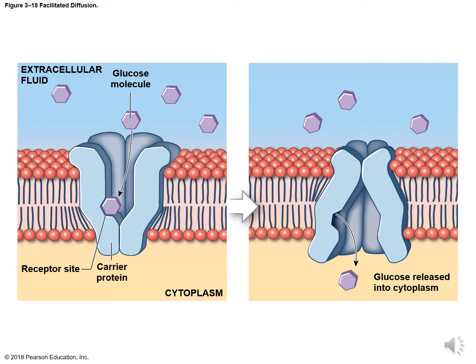Saturation limits. The availability of the carrier proteins and the substrate molecules will limit the rate of this carrier-mediated transport. Think of it this way: if there's only one doorway to get in and there are 10 people in line and only one person can go through the door at a time, it's going to go slowly. The only way we're going to speed that up is if we open more doors.